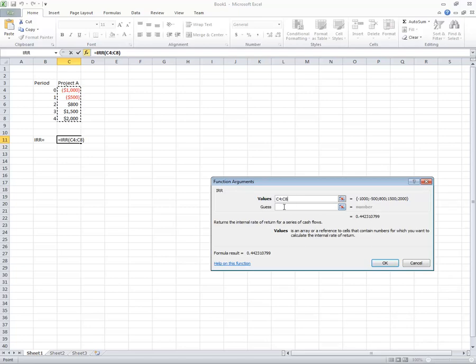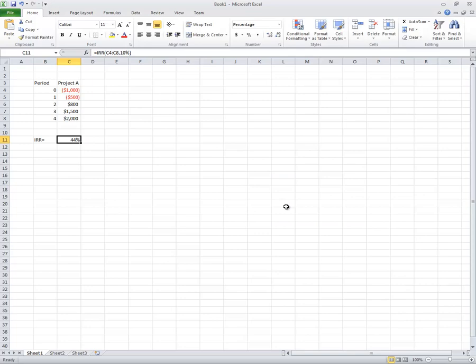Then you can add a guess, and you can just add 10%, and this will be your guess, and then click enter, and you will get that the return on investment or rate of return will equal 44%, just to be able to get these amounts out in the second, third and fourth year.